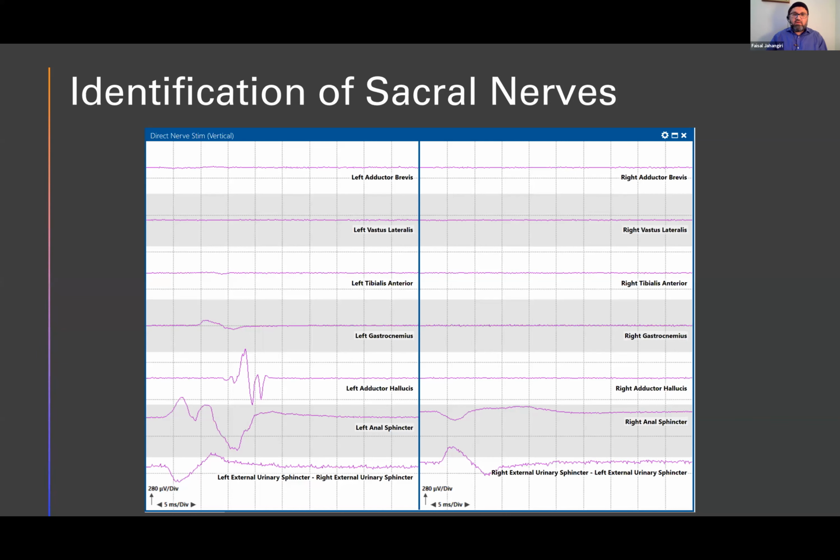We don't cut S2, S3, S4 roots. If you're doing rhizotomy, you are going to split the nerve roots from L1 to S1. But once you stimulate the nerve and identify it as S2 or S3, we are not going to do rhizotomy because there's more risk of damage. So typically it's not done.